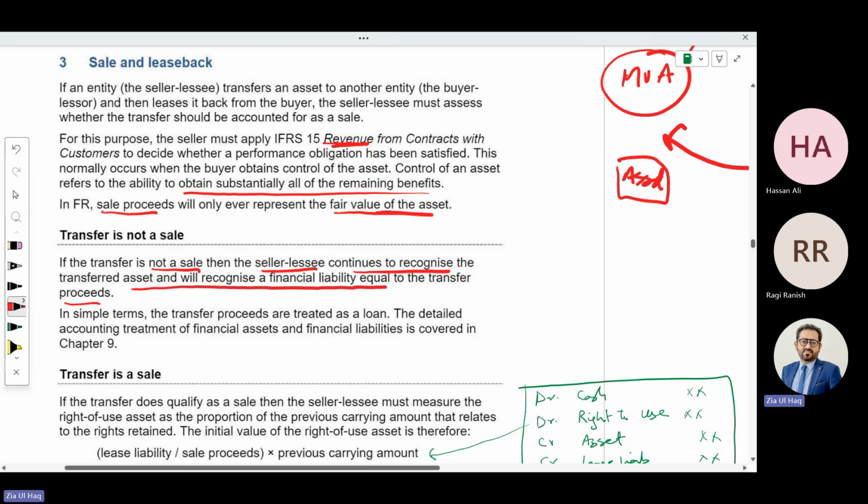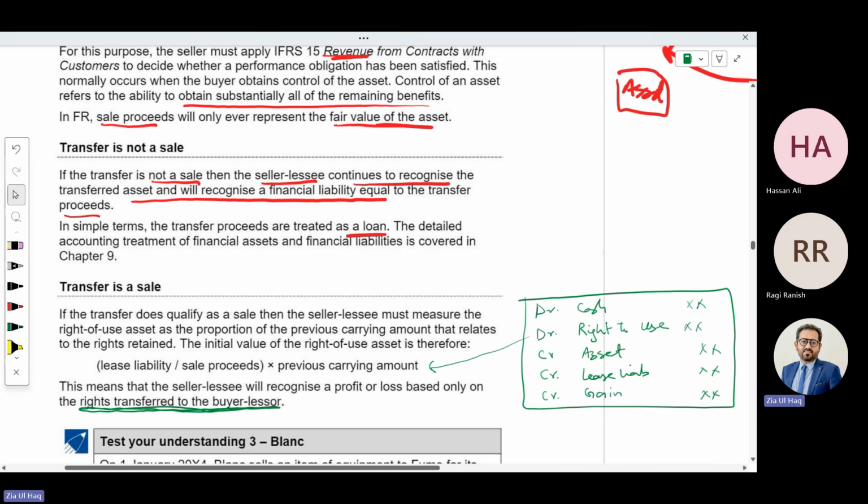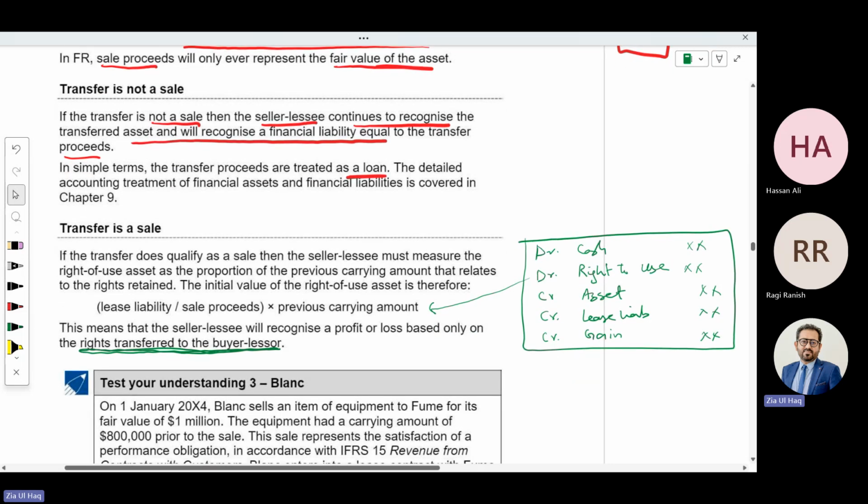Then he cannot treat it as a lease. The amount he received from Mr. B, he will record as a loan. But if the ownership control was transferred to Mr. B properly, it is fulfilling the IFRS 15 sale criteria, revenue criteria. In that case, you need to record lease liability.